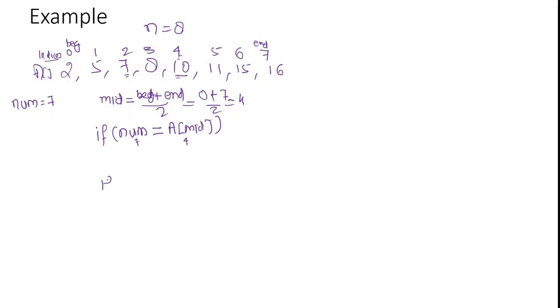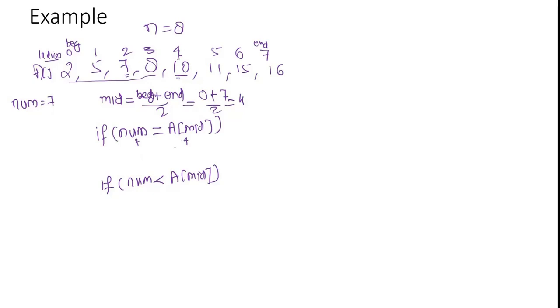So if the number is less than A of mid, then what we have to do? We are confirmed that the number will lie on the left hand side subarray because it is smaller and the array is in sorted order.